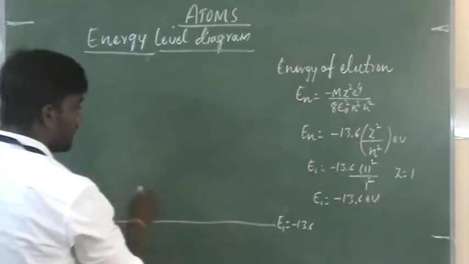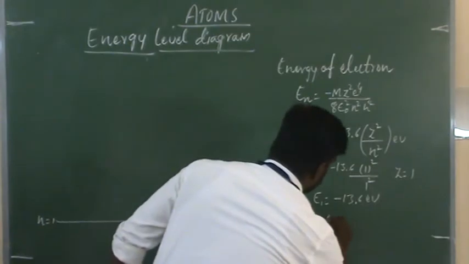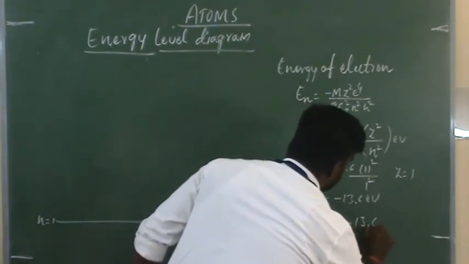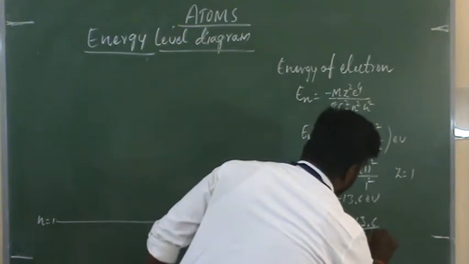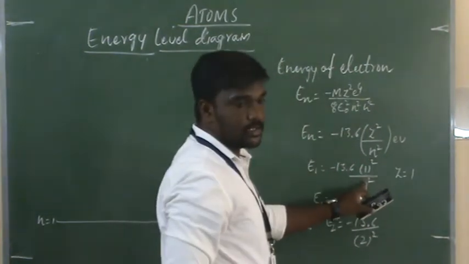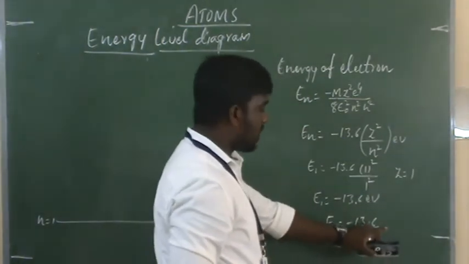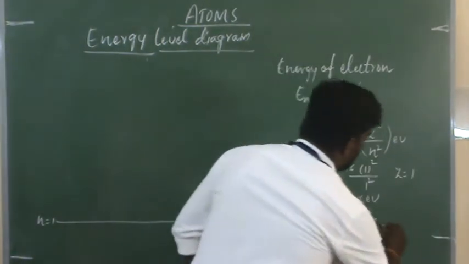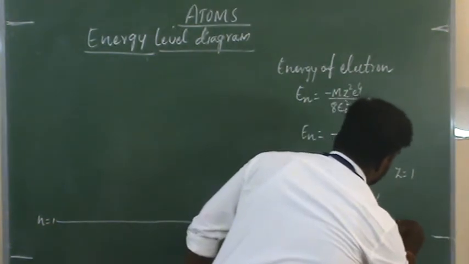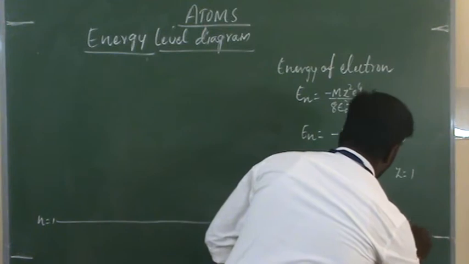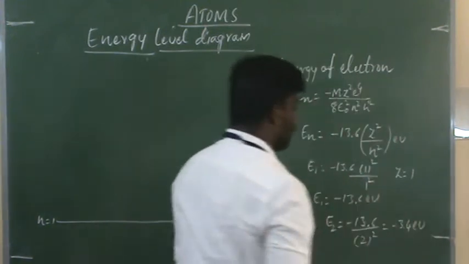So E2 is equals to minus 13.6 into 2 whole square. Z is constant, 1. So 2 whole square means 4. 13.6 divided by 4, we get minus 3.4 electron volt.